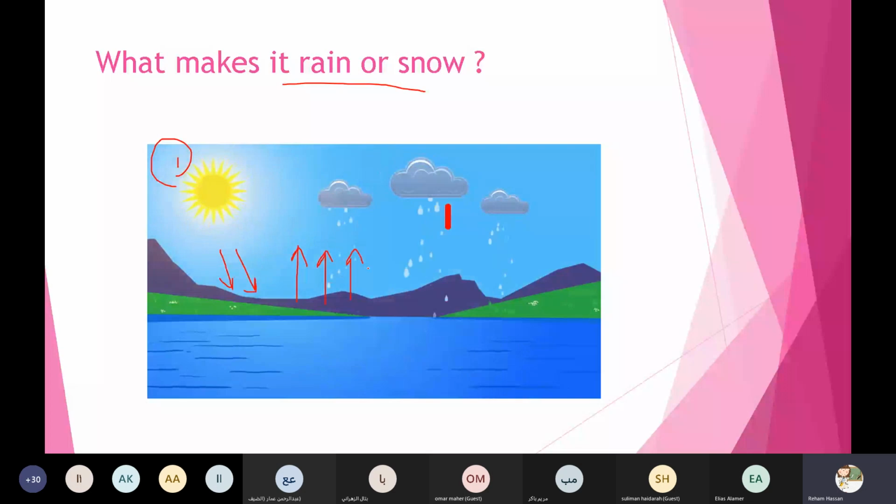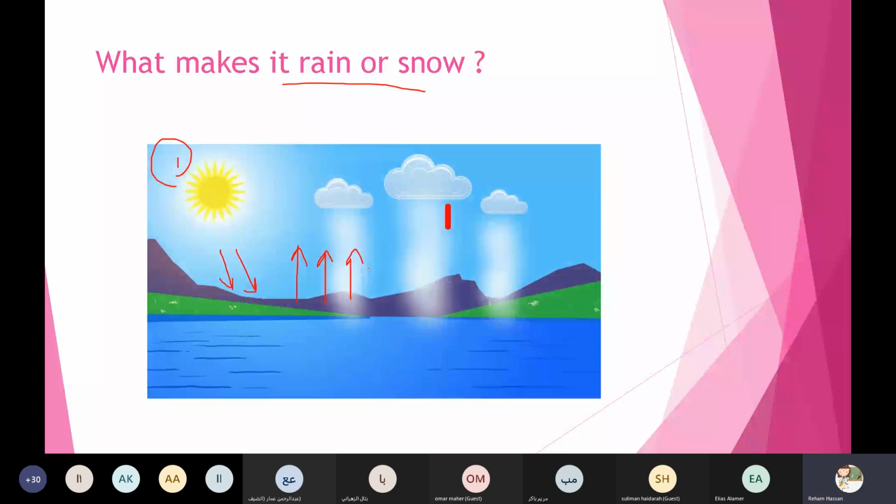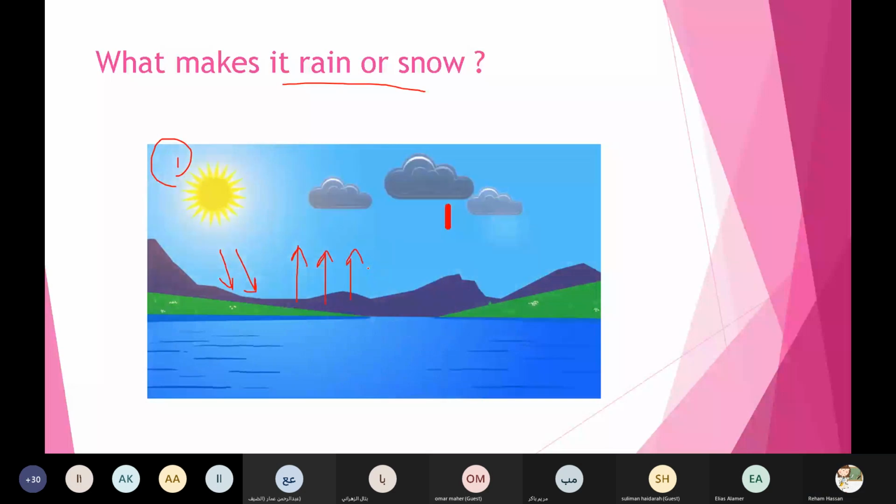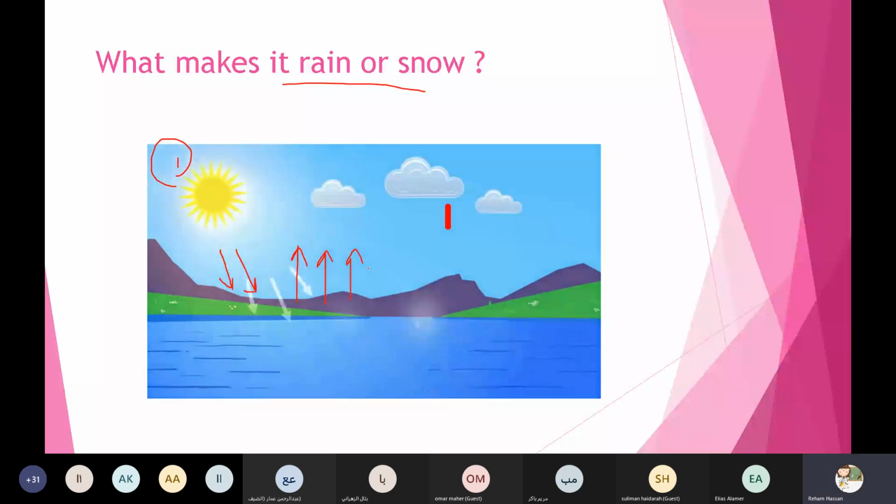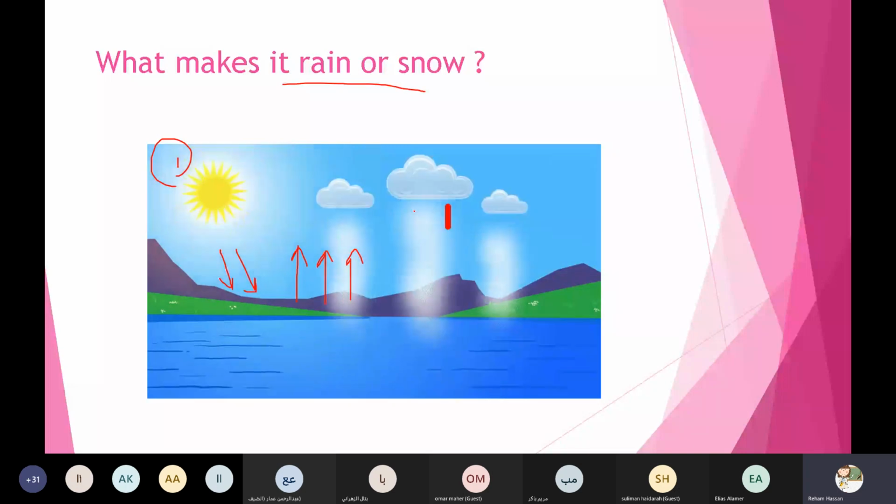Yes, Abdurrahman Ahmed. So some of this water of this river or of the oceans turns into the water vapor, yeah? So what is this water vapor?